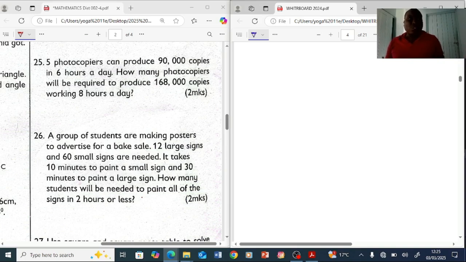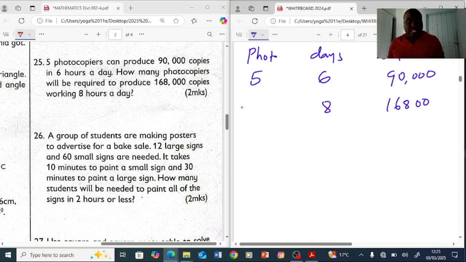How many photocopiers will be required to produce 168,000 copies working 8 hours? So we have photocopiers, we have days, and the number of copies. So 5 will take 6 hours and produce 90,000. So 168,000 is to be produced in 8 hours. How many photocopiers will be needed?